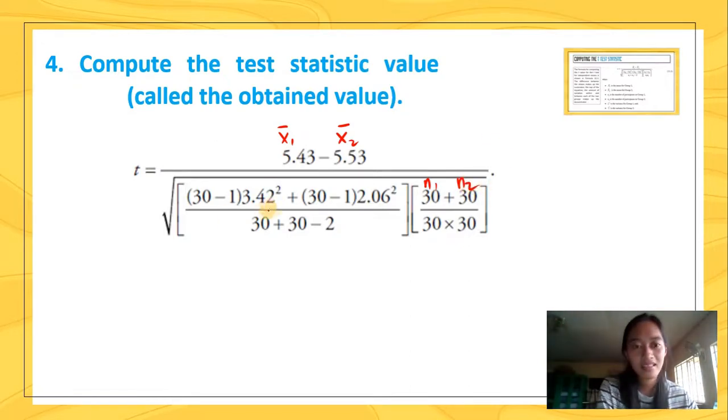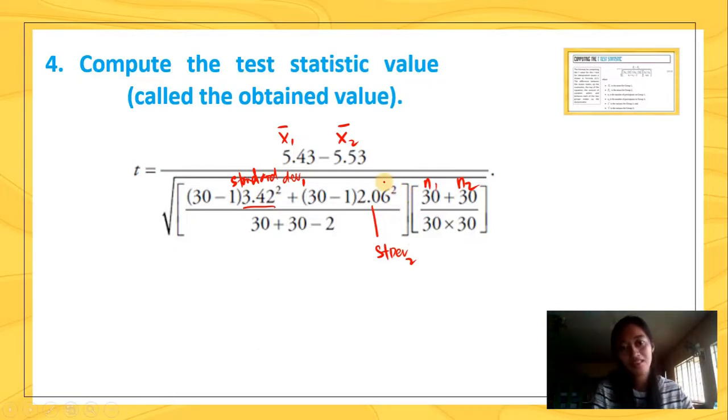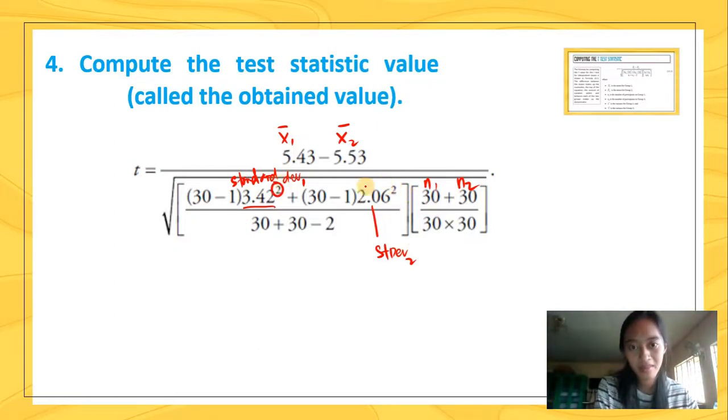And then here, this is the standard deviation for group 1, and this is standard deviation for group 2. Basta standard deviation ra, yung magikuha is square. Pero if you got the variance, nagbalik kag square, kaya gi-square na po ang variance.